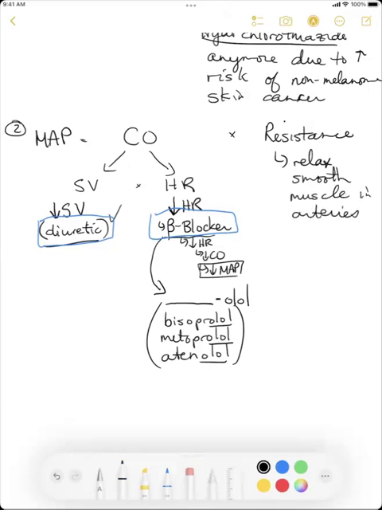And the specific one that we tend to use is something called a calcium channel blocker. There are different types of calcium channel blockers. This is not a pharmacology course, so I'm not going to go into the nuances of the different types, but we can use calcium channel blockers. Sometimes these are called CCBs.